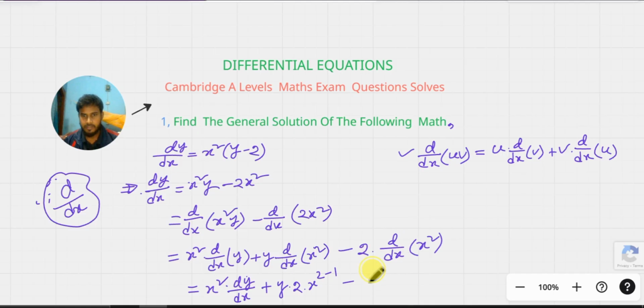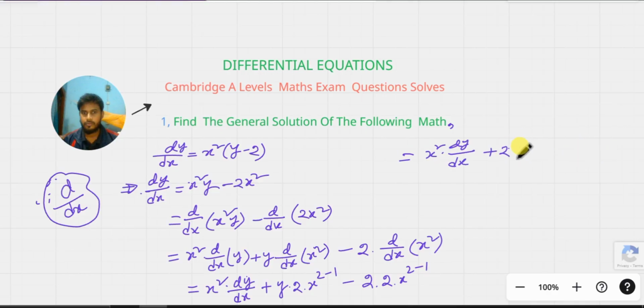Minus, here it is similar, so the result will be n into x to the power n minus 1. So 2yx minus 2 times 2, that means 4x, and the left side is dy/dx.